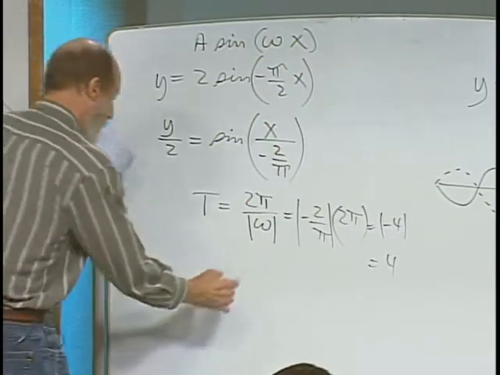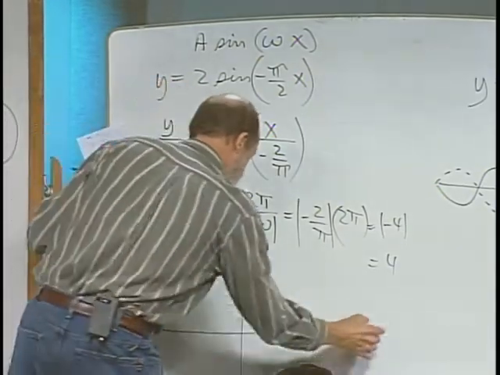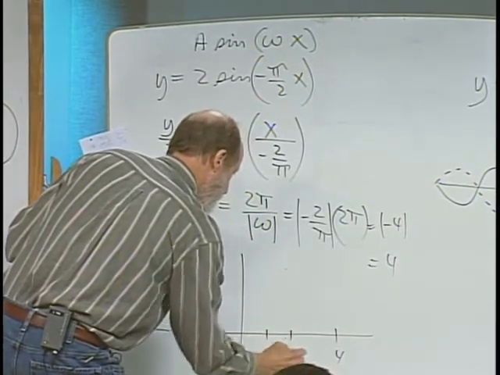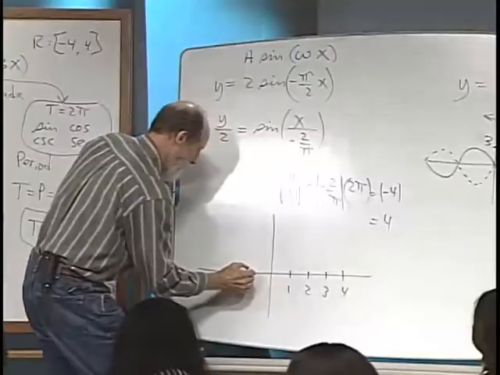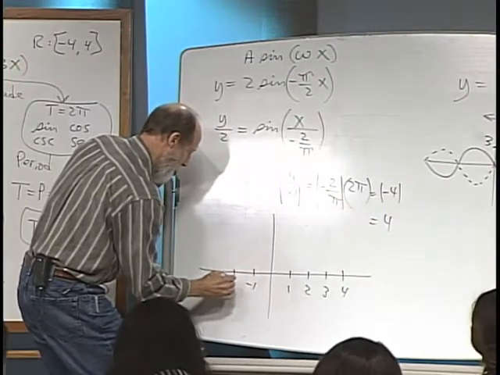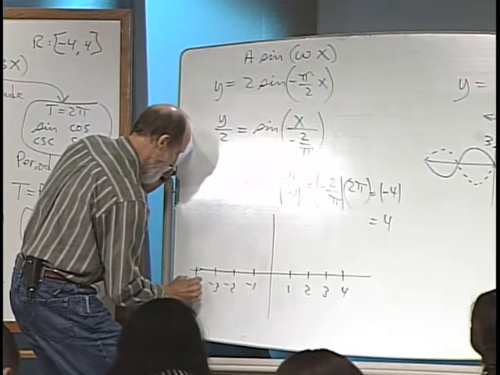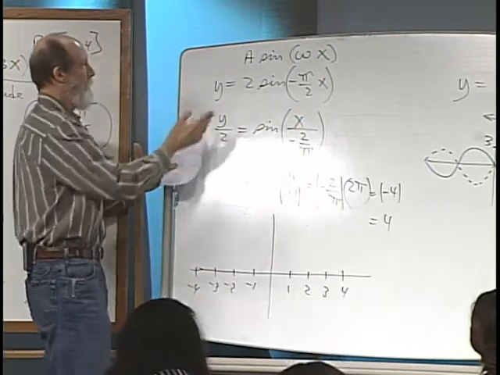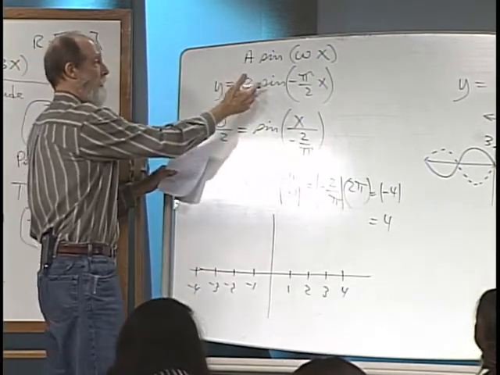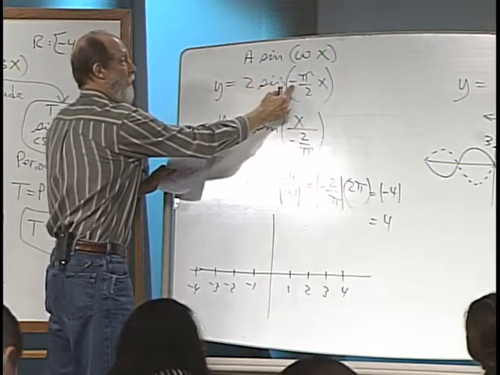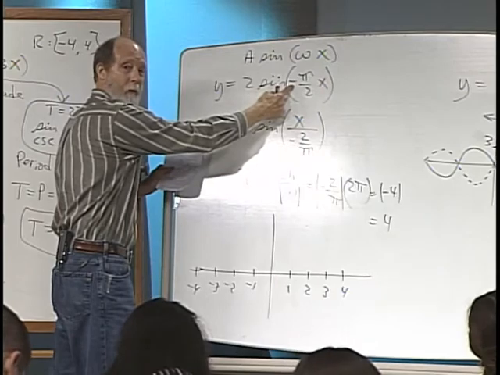But then, to draw the sketch, you're going to do something like this. And what I would do is draw myself a sine wave that is turned around because of what I talked about just a couple minutes ago.